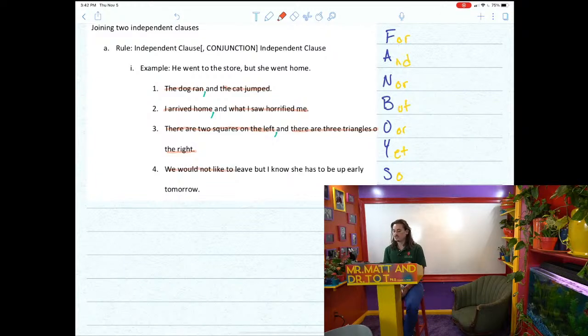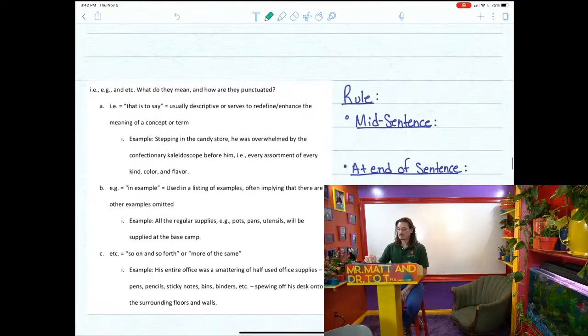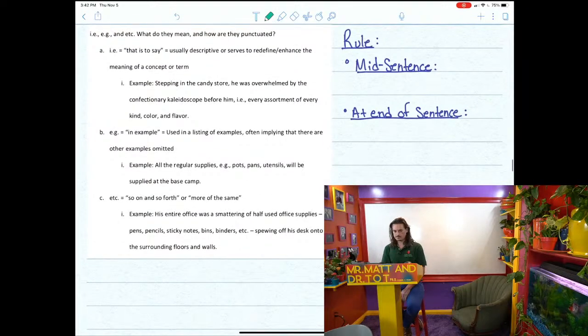That can be its own sentence. But I know she has to be up early tomorrow. "I know she has to be up early tomorrow" is its own sentence as well. So we need a comma conjunction. If you have any questions, then please let me know. Otherwise, I want to move on to the next subtopic.